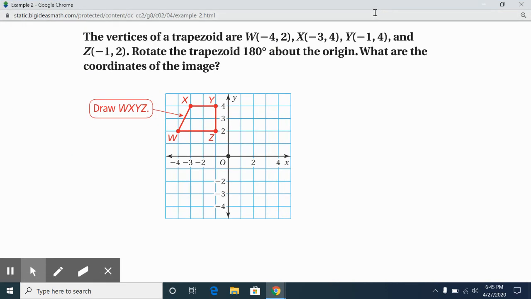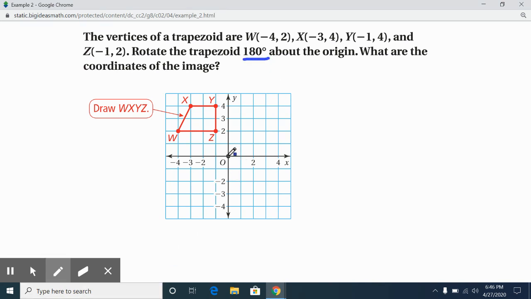Now let's get into something a little harder. I have uploaded a document that's really helpful for something like this, where we actually have to rotate a figure into an image in a specific degree. So this is saying to rotate this thing 180 degrees about the origin.